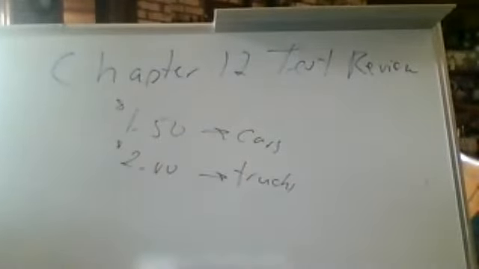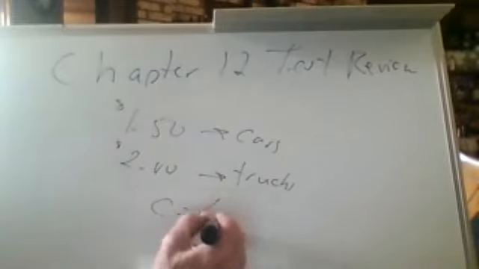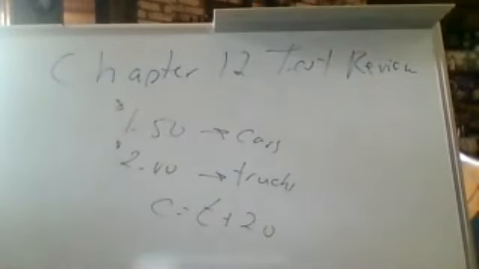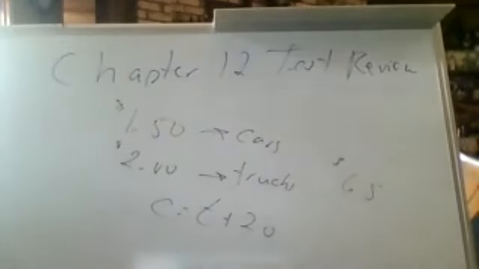All right, Bob sold 20 more car tickets than truck tickets. Okay, so C equals T plus 20, right? He has a total of $65 in sales. We want to know how many of each type of ticket did he sell?